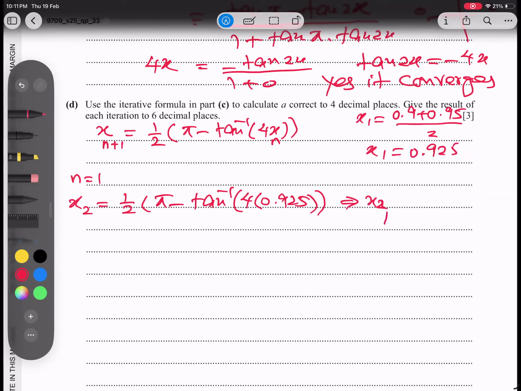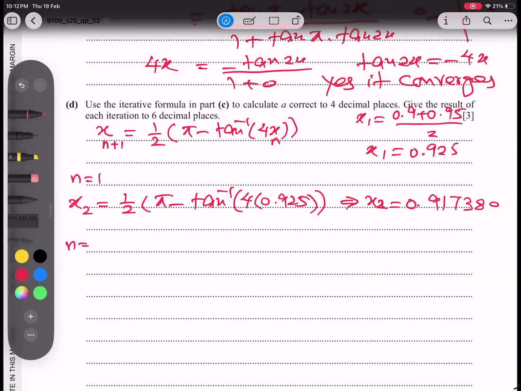Make sure, students, I have to write 6dp. So I am typing in the calculator half times pi minus tan inverse 4 times 0.925, and close. I'm getting 0.917380. Is it 6dp? Yes, what he says, 6dp. Alhamdulillah, clear.